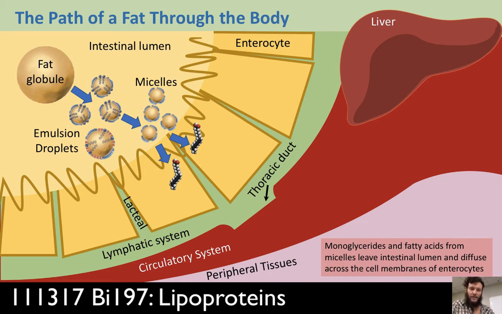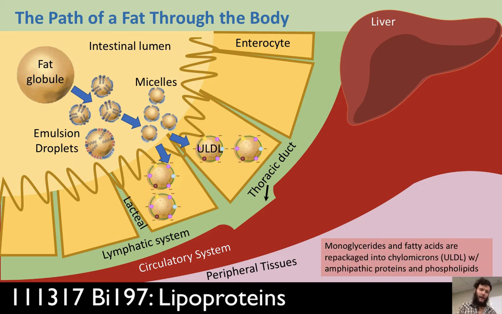These free fatty acids are then packaged into ULDL or chylomicrons by the enterocytes. So this involves adding cholesterol to them.